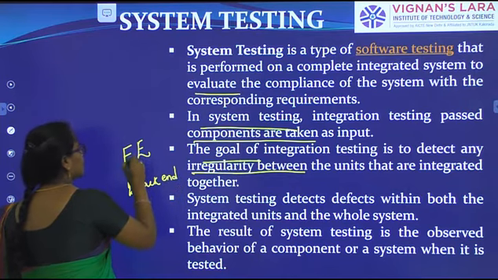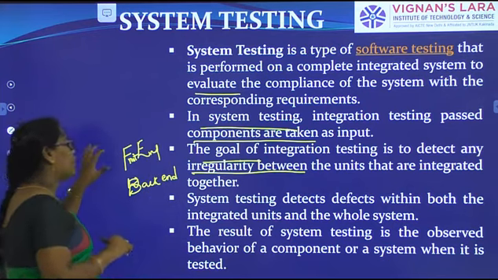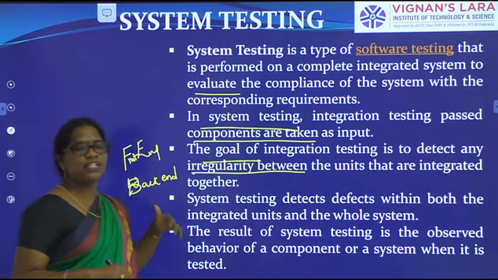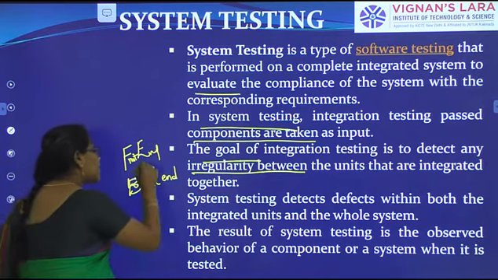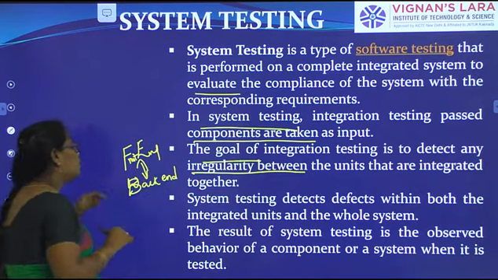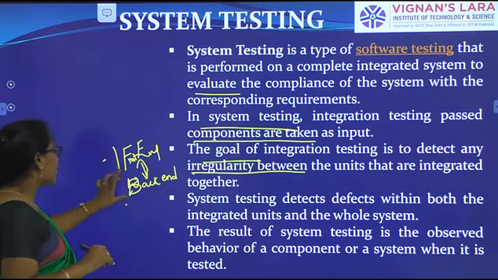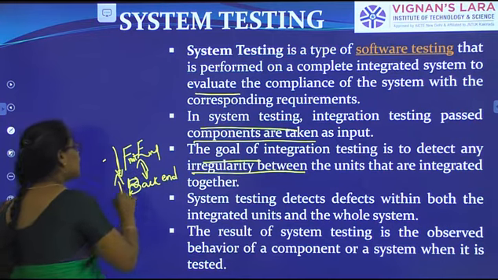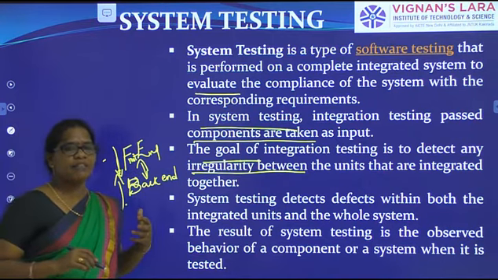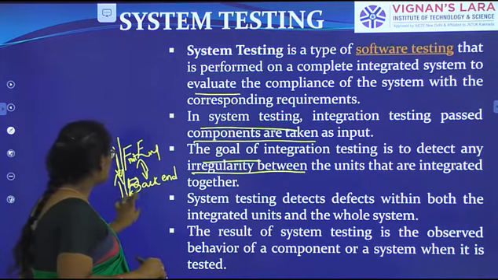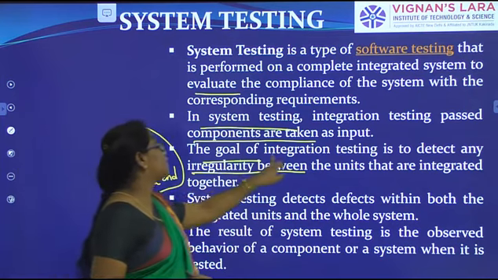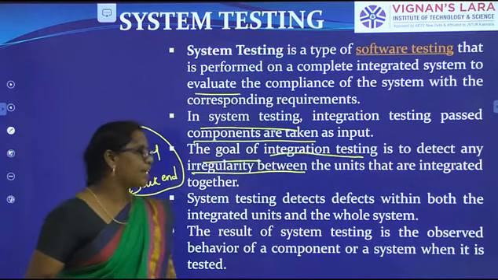Front end means the web pages. Back end means the databases where we are storing data. While integrating these two, whatever errors we get by integrating these two modules, in order to remove those errors, integration testing will be done.